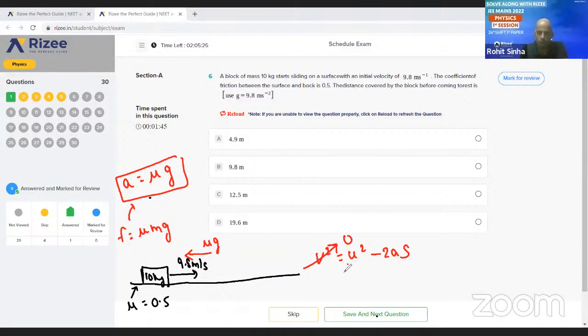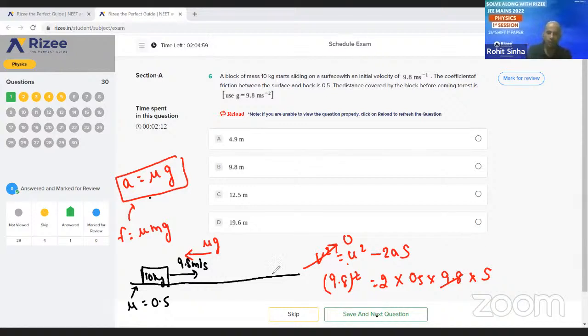You put the value of u square: 9.8 whole square is equal to 2 into a. A is equal to mu into g. Mu is given as 0.5, and g you put here 9.8, into s. Solve from here.